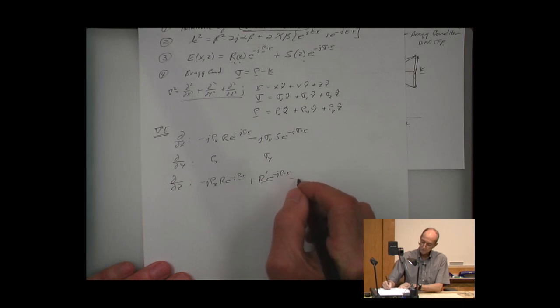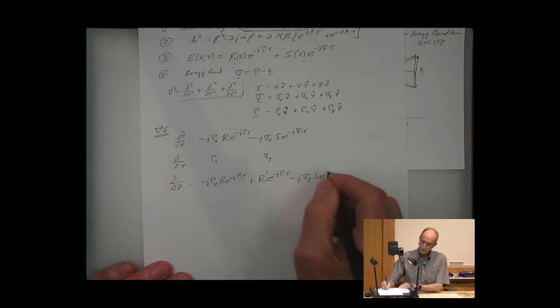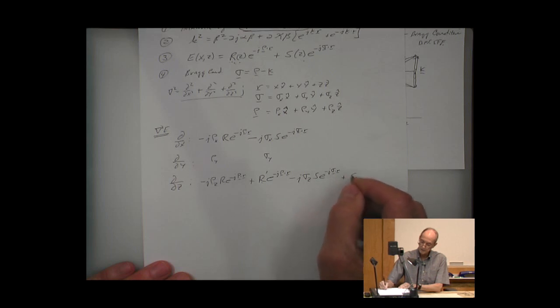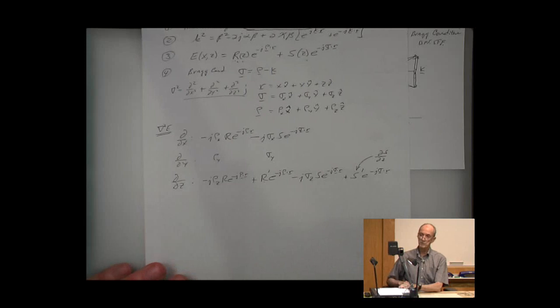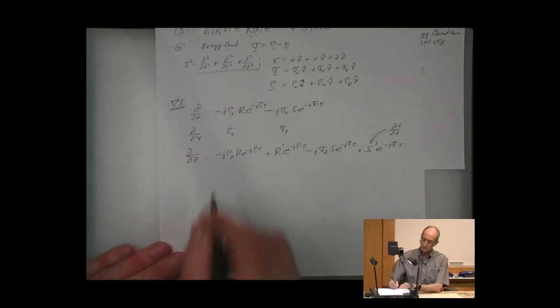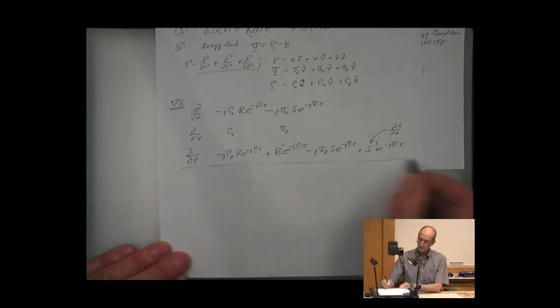Then for the s part, we have minus j sigma z s e to the minus j sigma dot r, and then differentiating the amplitude, plus s prime e to the minus j sigma dot r. So this is the derivative with respect to z, is what I mean by that prime. Okay, so now we have the first derivatives, and so now we can get the second derivative.